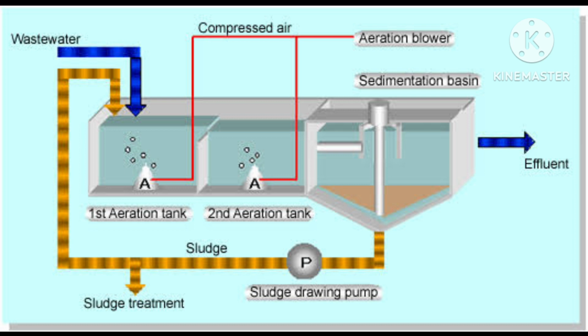Removal of phosphate first. How will we remove the phosphate? Phosphates are removed by adding calcium hydroxide. A flocculent precipitate of calcium phosphate is formed at pH 10 to 11.